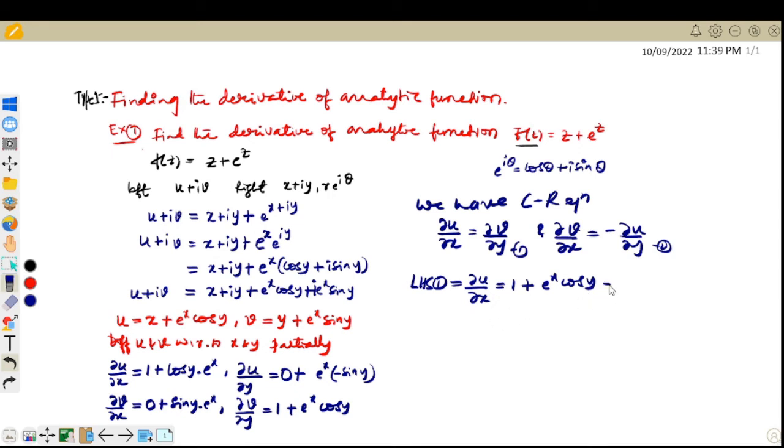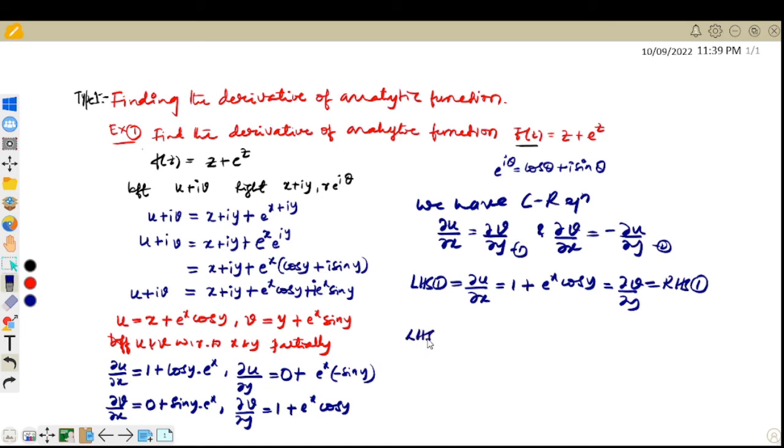And this is same as 1 plus e raised to x into cos y, that is dou v by dou y. Which is same as RHS of 1, dou v by dou y. So what is your conclusion? First CR equation is satisfied.